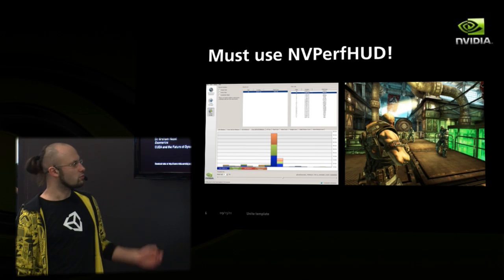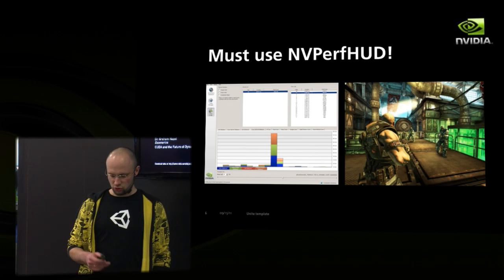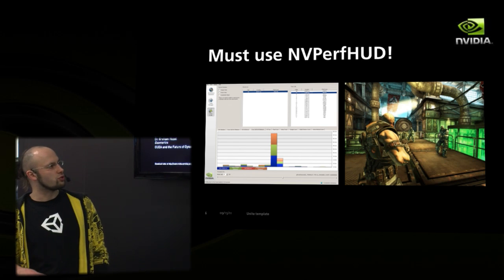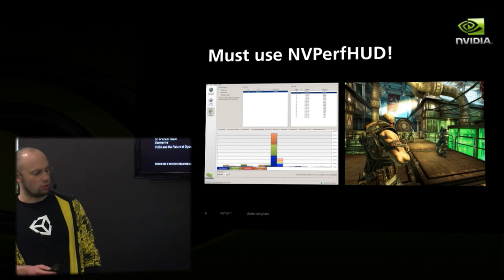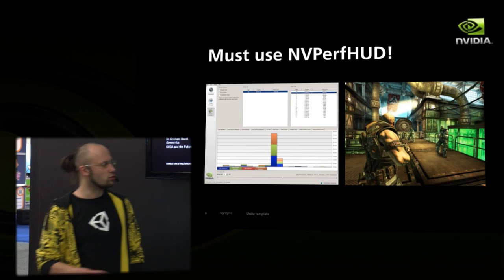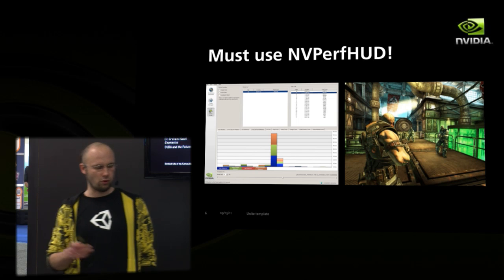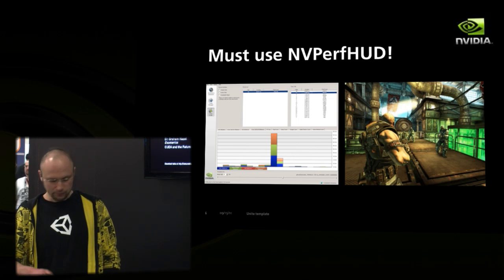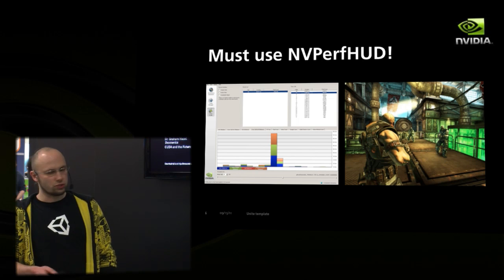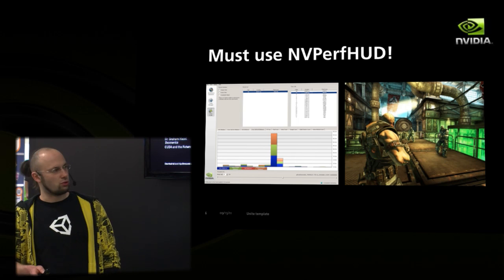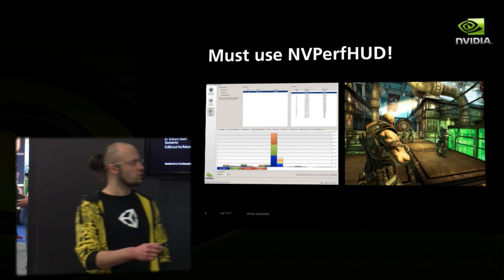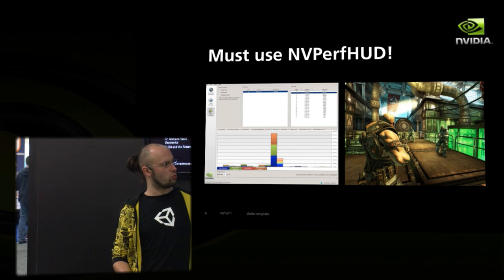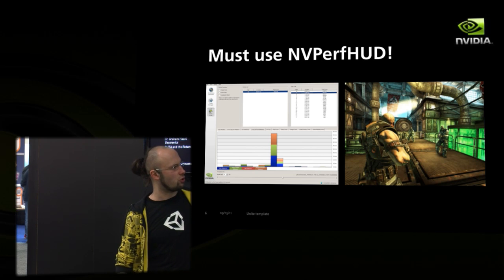The first thing I need to say is that you need to use NVIDIA PerfHUD. It's a very good tool for profiling, probably one of the best tools on mobile platforms, and it gives you almost all the information you need to optimize the game. It's very easy to use, especially if you have used it on desktops before. It gives you a breakdown of the frame, and you see all the draw calls.